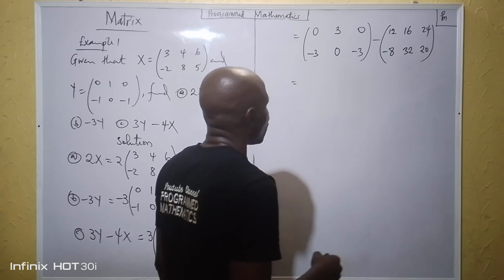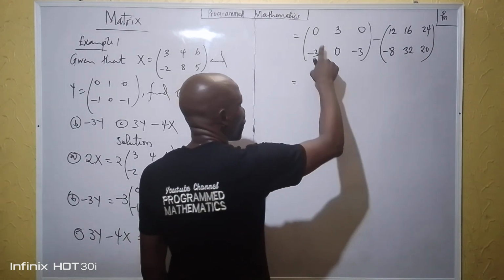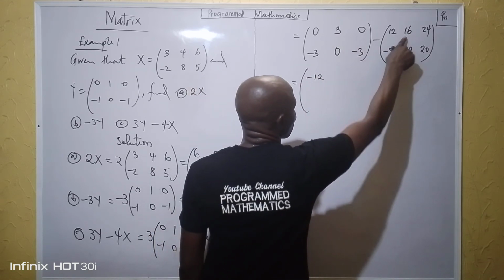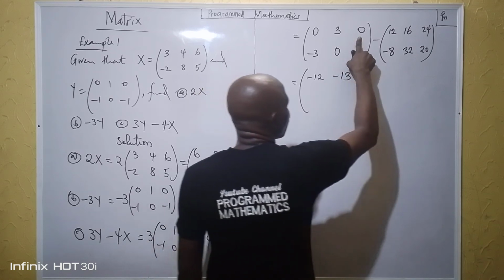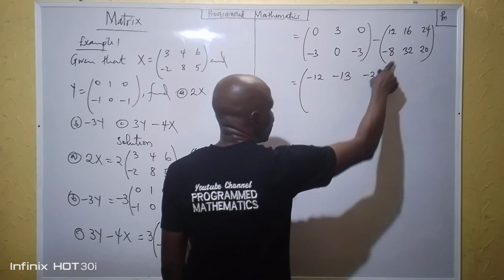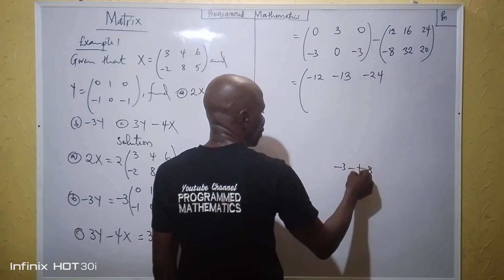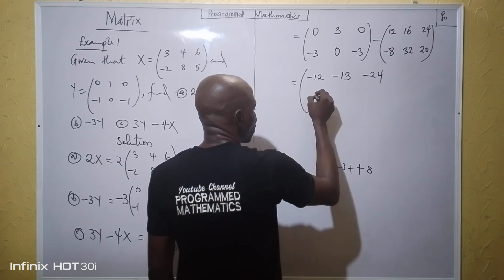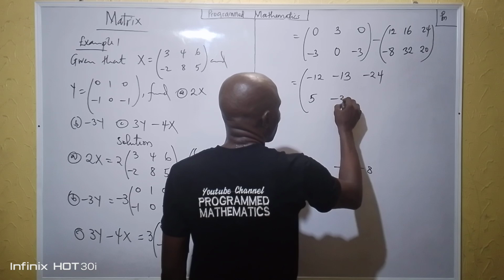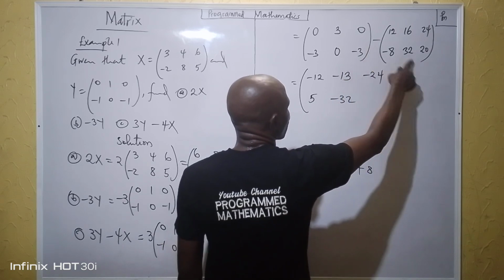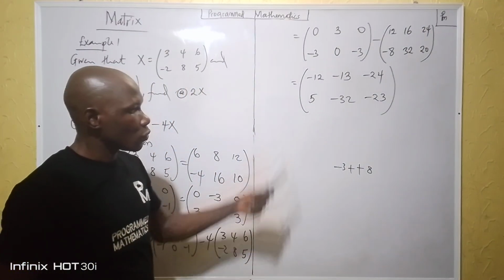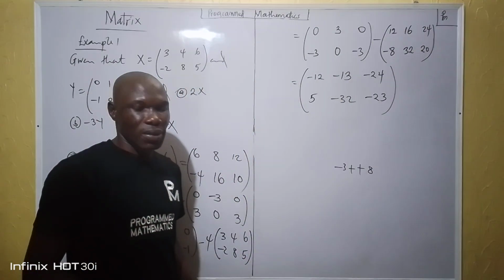So we can do the subtraction now. Don't forget, 0 minus 12 will give us -12. 3 minus 16 is -13. 0 minus 24 is -24. -3 minus -8 is plus, so that's 5. 0 minus 32 is -32. -3 minus 20 is -23. That's as straightforward as that.